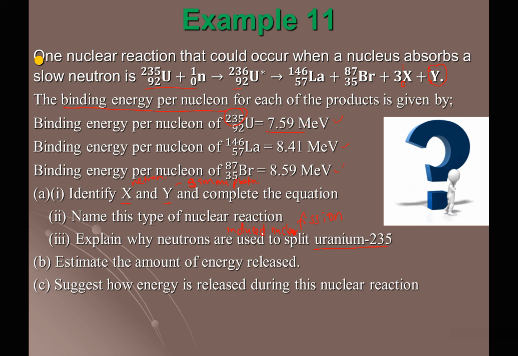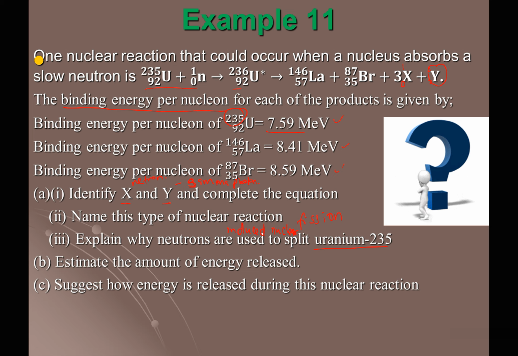I multiply nucleon number by the binding energy per nucleon, so I have 7.59 times 235.